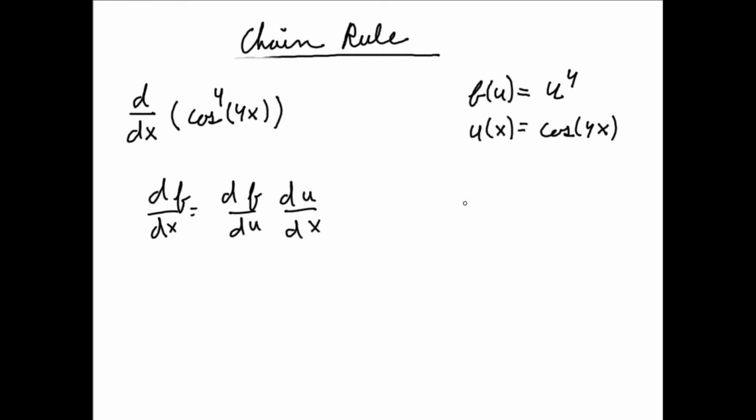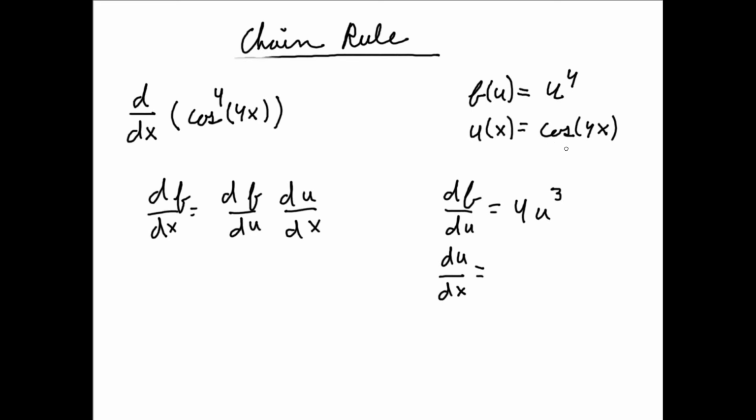In this case, let's look at our derivative of f with respect to u, same as last time. We're just going to have 4u cubed. And now let's look at our derivative of u with respect to x. This is actually interesting because what we have here again is a function where we're going to need to apply the chain rule again.